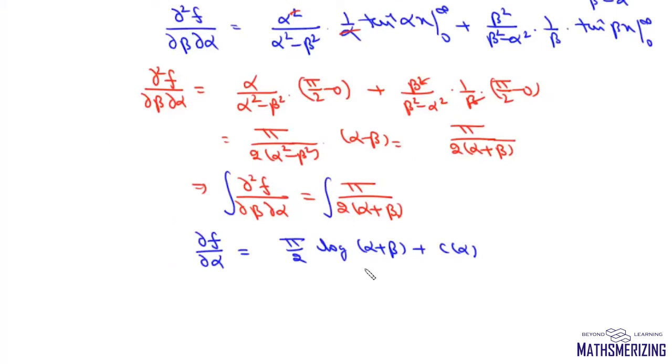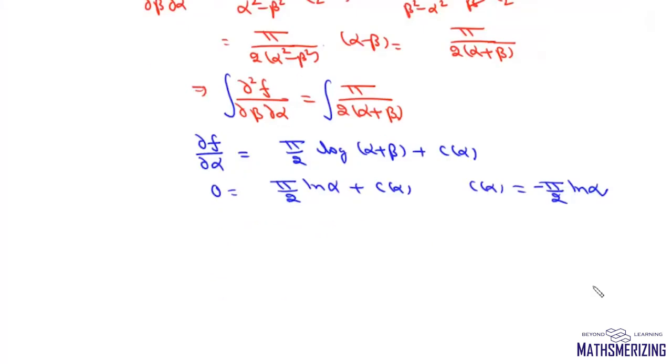So we'll use this initial condition here. So ∂f/∂α will be 0 and will be π/2 log α + C(α). In this case, this C(α) will be -π/2 log α.